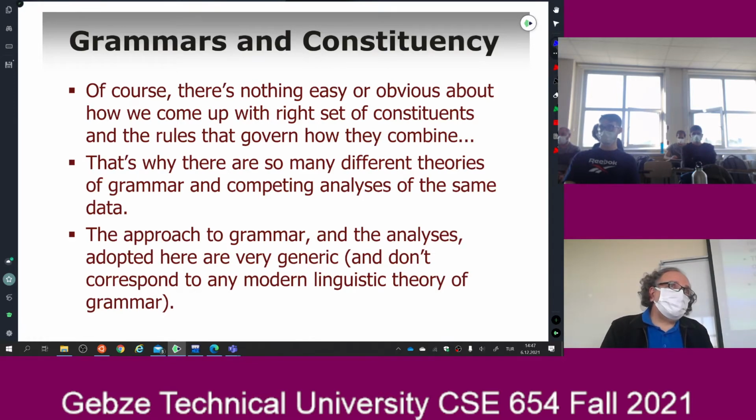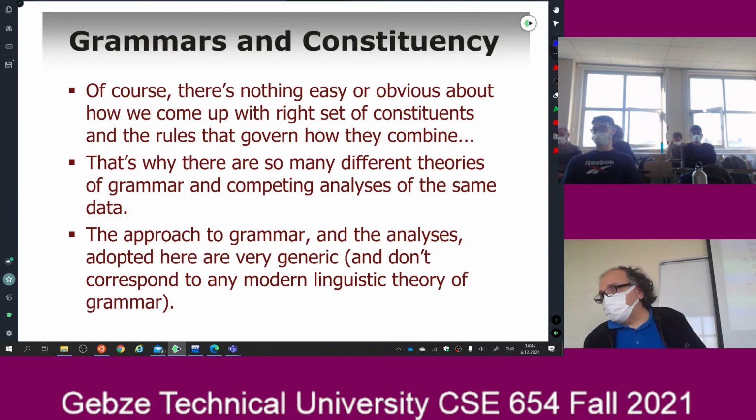As I said before, these are all categorizations done by academicians about the languages, and sometimes they have disagreements, and sometimes it's not that easy. There is nothing easy or obvious about how we come up with the right set of constituents. This is even a tougher problem than the tag set for part of speech. But if we start from some point, the final output will be valuable because it's going to be parsing.